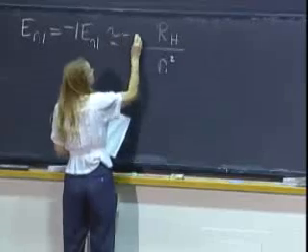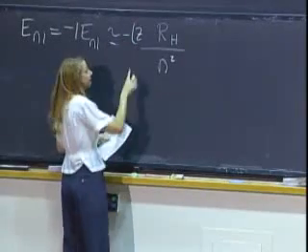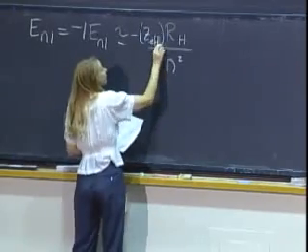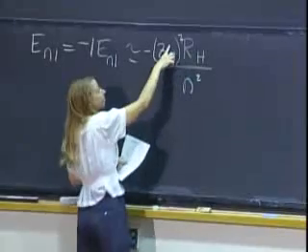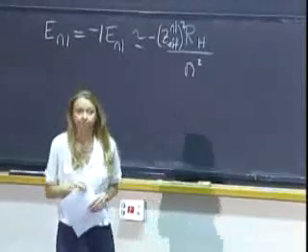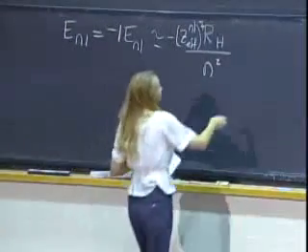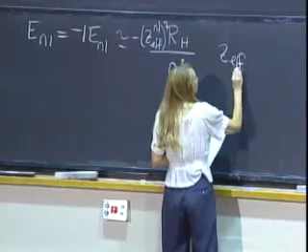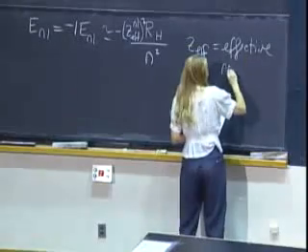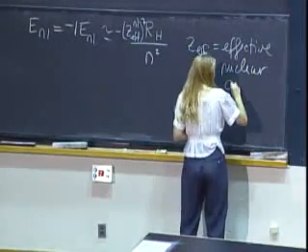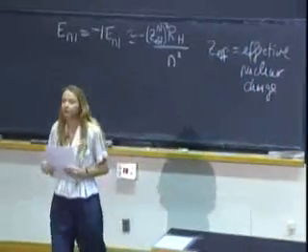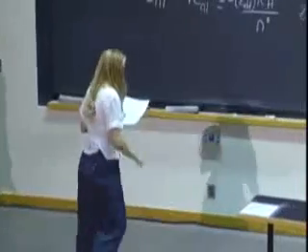But out here, there's going to be a Z, and this Z is going to be Z effective, Z-eff, squared, of course. That Z is going to depend on the particular nl state that you're in. This Z effective is the effective nuclear charge. It is not the nuclear charge, it's the effective nuclear charge. Why? Because of shielding.